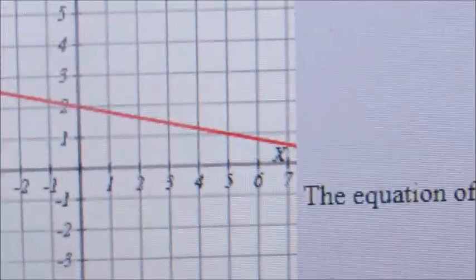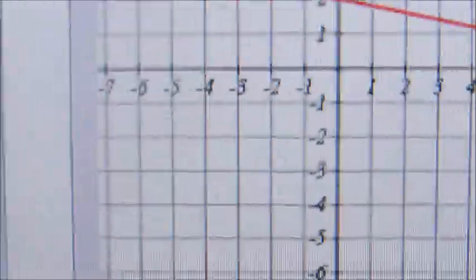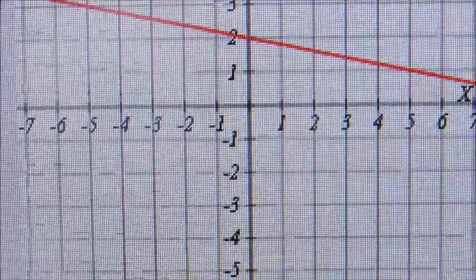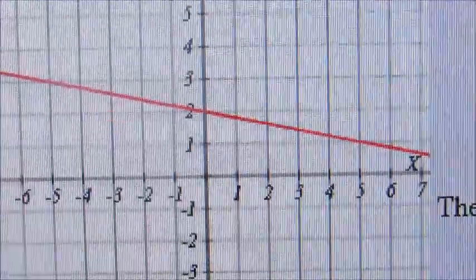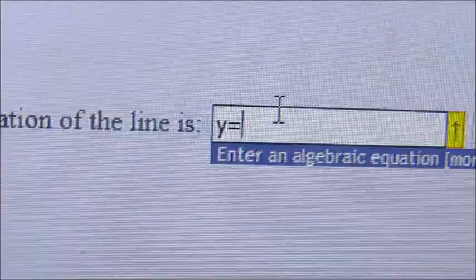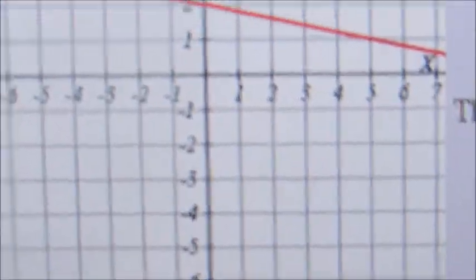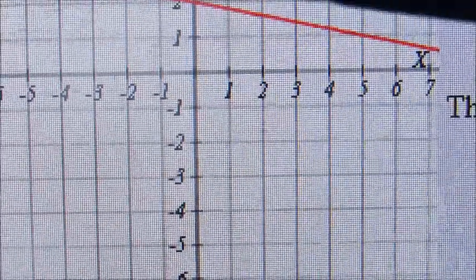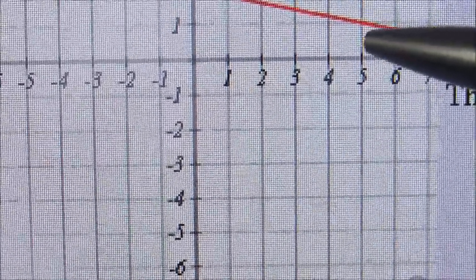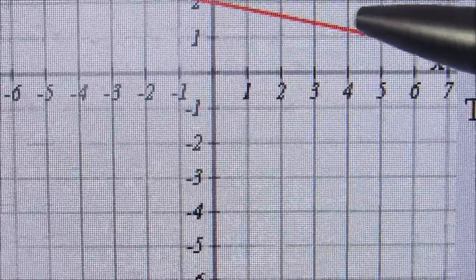So this next one, I'm going to start with y equals, and we see that's going down, so we know that it's going to have a negative slope. So I'm going to go ahead and just put my negative sign. And we see, here's a point where it hits the crosshairs, and another one right here at 5, 1.